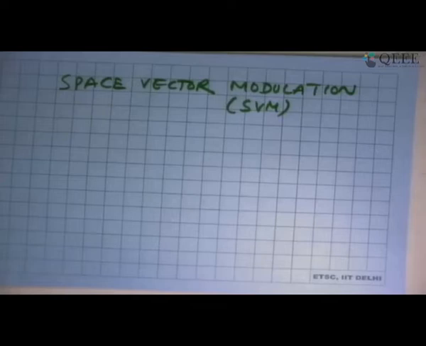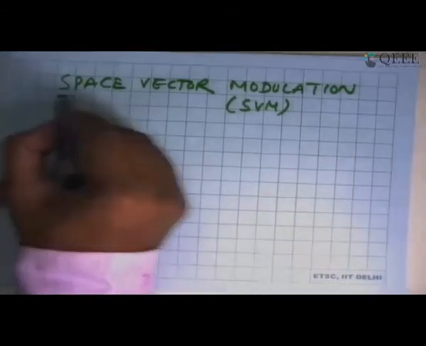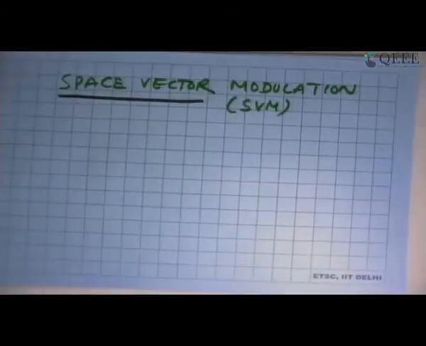These methods operate the inverter in a different way. It's not similar to sine triangle modulation. It analyzes the inverter and its output states in terms of space vector, as is obvious from the word space vector.